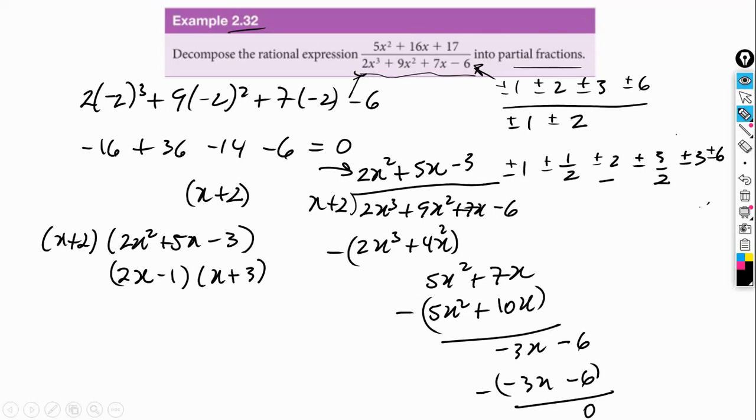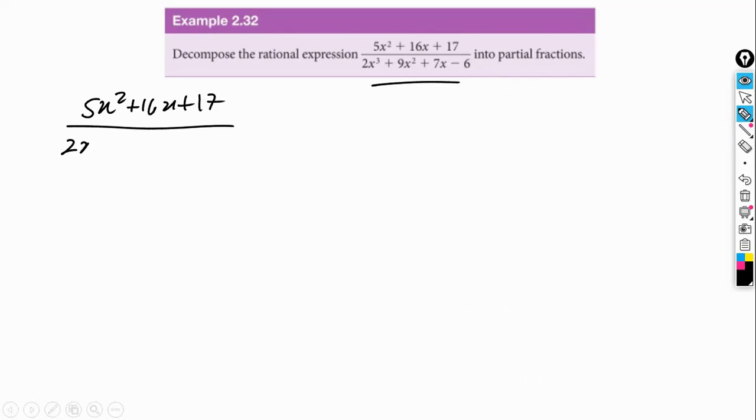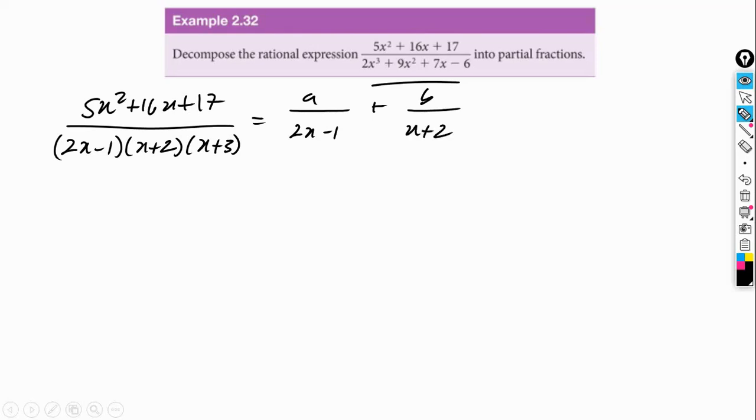So next, what we're going to do is decompose it into partial fractions. So we have then that this is equal to 5x squared plus 16x plus 17 over 2x minus 1 times x plus 2 times x plus 3. And then we can decompose this into A over 2x minus 1 plus B over x plus 2 plus C over x plus 3.